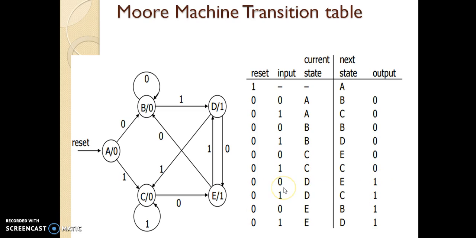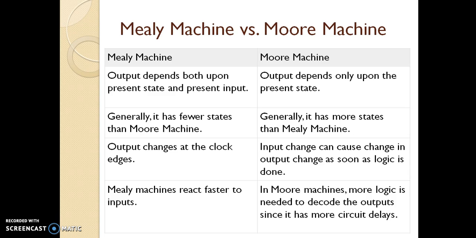So there is a difference between Moore machine and Mealy machine. Both the machines are used for finite automata with output. Then what is the difference between both? Mealy machine output depends on both present state and present input. Moore machine output depends only on present state. Mealy machine generally has fewer states than Moore machine, whereas Moore machine has more states.